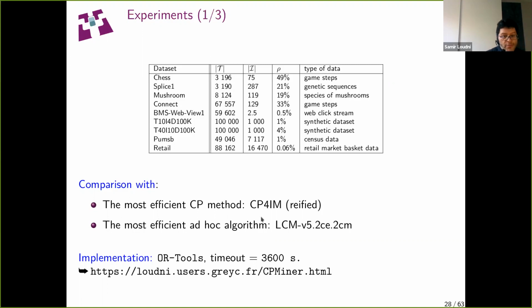So we have made some comparisons with the CP model based on reified constraints, so CP4IM. And we also compare the closed pattern with the most efficient specialized algorithm for mining closed frequent itemsets, which is called LCM.